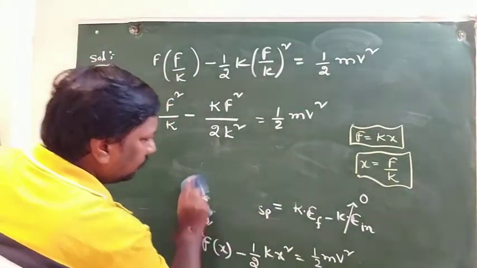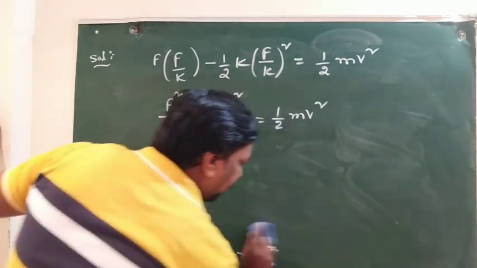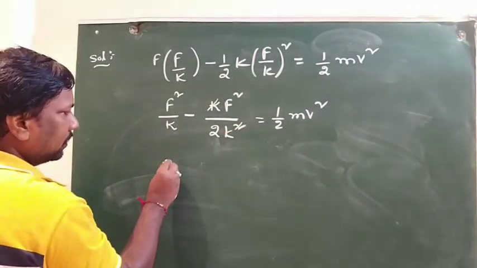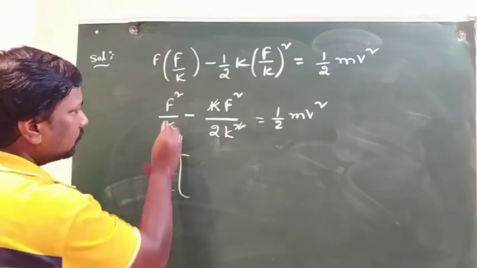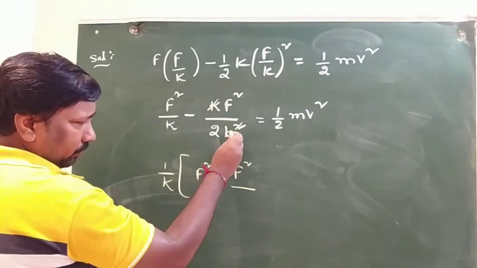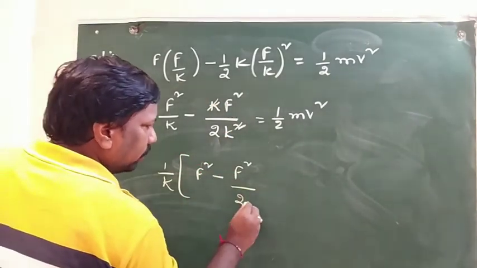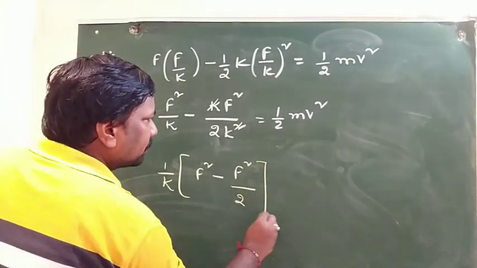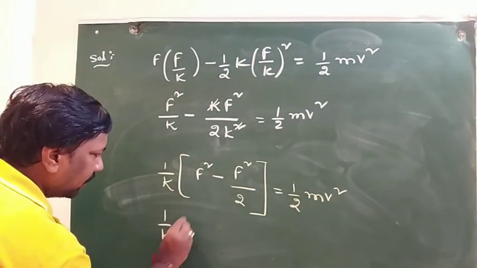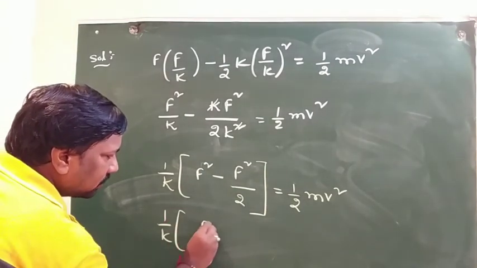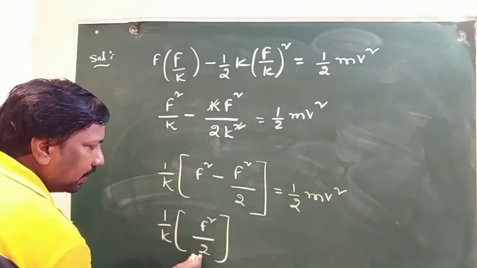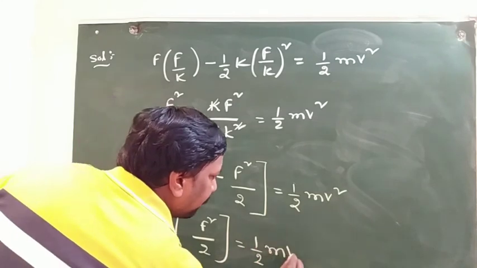Here K cancels, so 1 by K is common. So 2F squared minus F squared by 2, that is F squared by 2, is equal to half mv squared, taking 1 by K common. So F squared by 2K is equal to half mv squared.